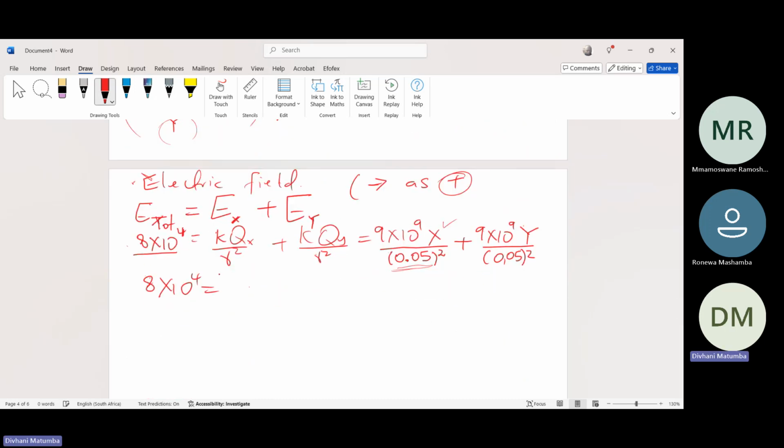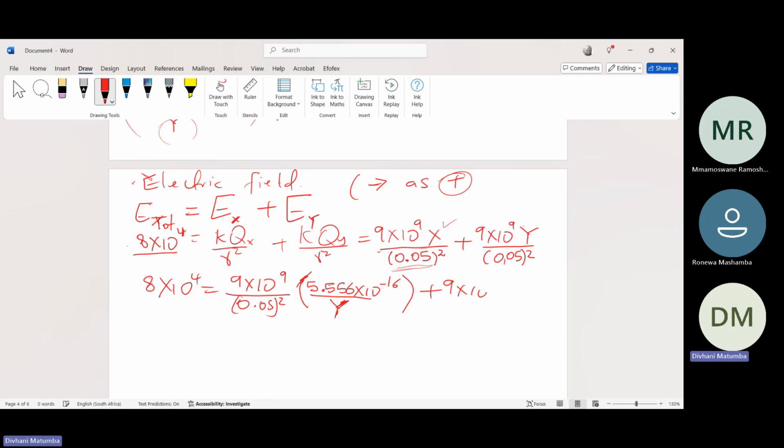So I will have 9 times 10 to the power of 9 all over 0.05 squared times, in place of x, I'm going to put 5.556 times 10 to the power of minus 16 all over y. Now I have successfully eliminated x in this equation. I'm only left with y.